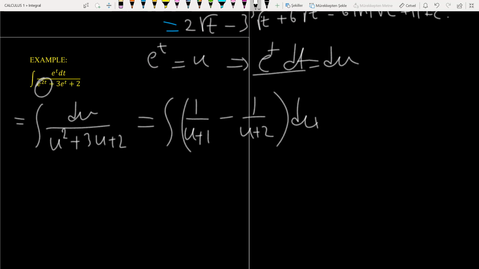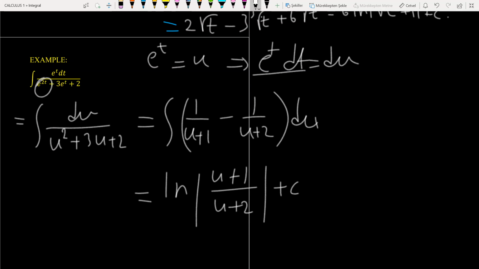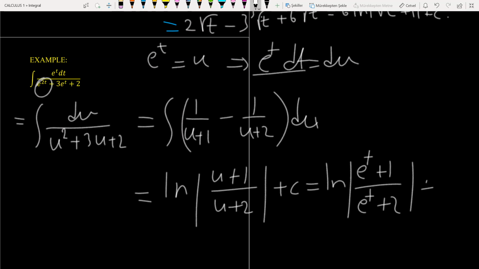This is equal to ln of u plus 1 divided by u plus 2, using the properties of logarithm, plus c. Finally, if you use back substitution, you have ln of e to the power t plus 1 divided by e to the power t plus 2, plus a constant c. So it's all.